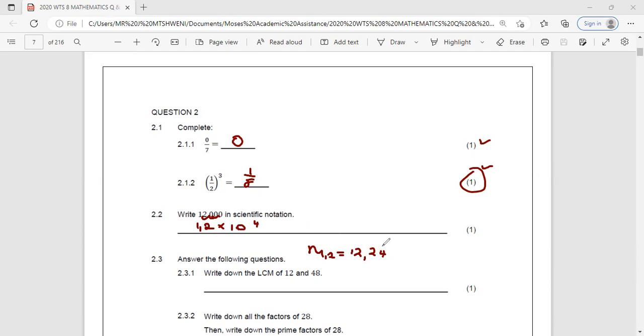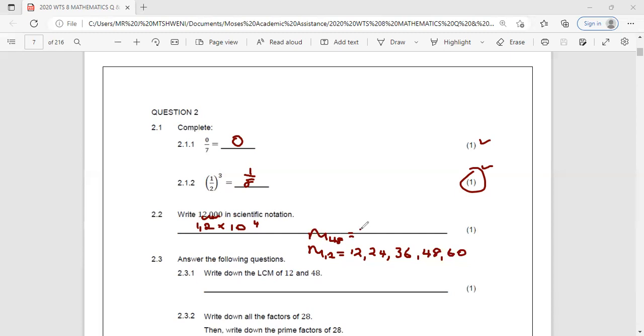12, 24, 36, 48, plus 12 is 60. Those are the first 5 multiples of 12, list them. Then list the multiples of 48.